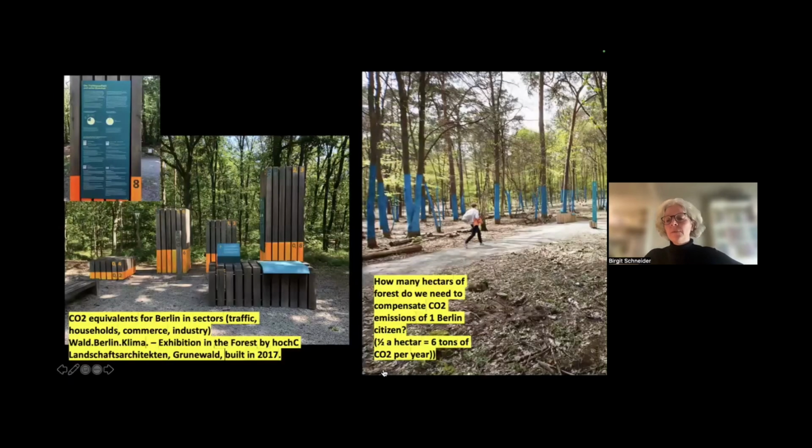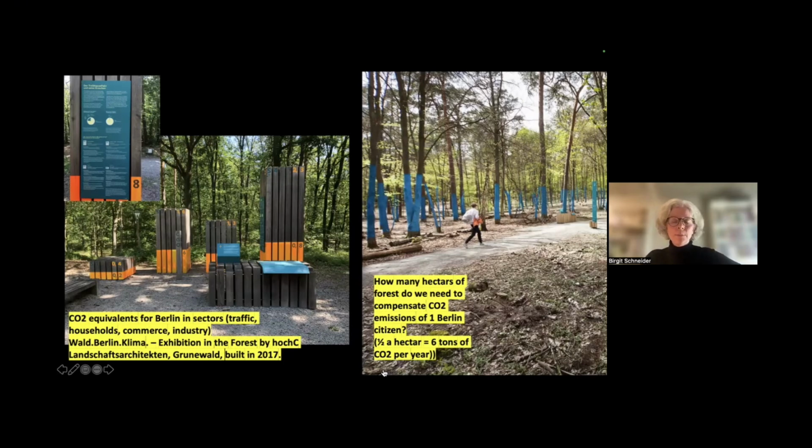And if you live in or visit Berlin, you can also go to the forest, to the Grunewald, where this idea of making climate change data graspable through sculptural approaches has guided an exhibition called Wald Berlin Klima, built in 2017.